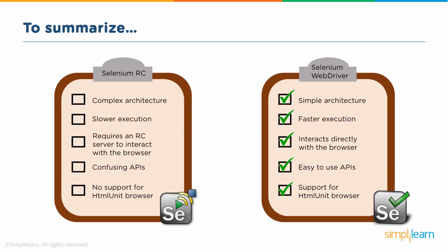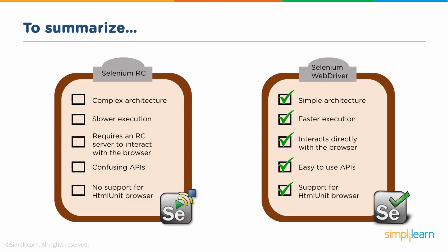Now, to summarize all this, if you look at the RC and WebDriver comparison which we talked about, RC is a complex architecture, whereas WebDriver has a simple architecture, for the main reason that WebDriver removed the need for an intermediate server. The execution of your test cases or automation scripts in RC is much slower than in WebDriver.